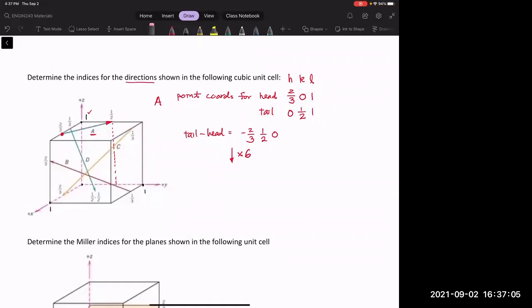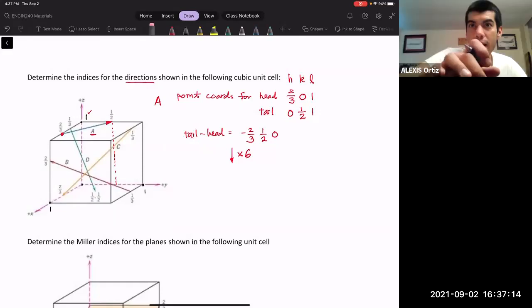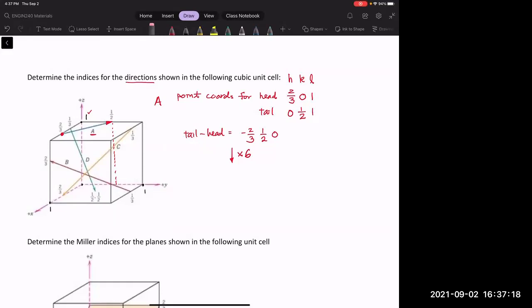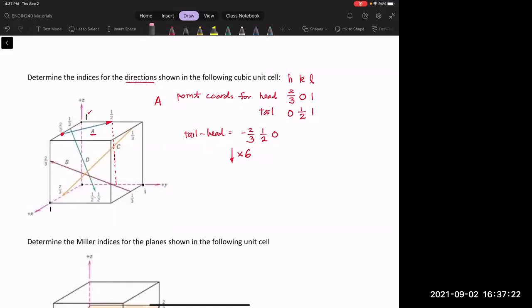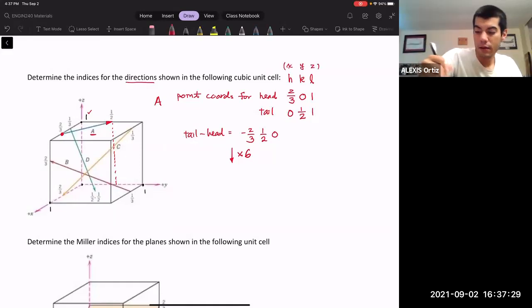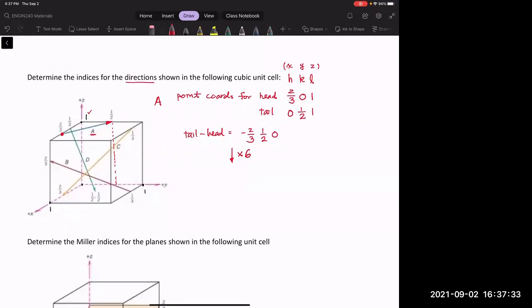Yes, H is the x-axis. And K would be the y-axis. So there'll be X, Y, and Z. Okay, thank you.